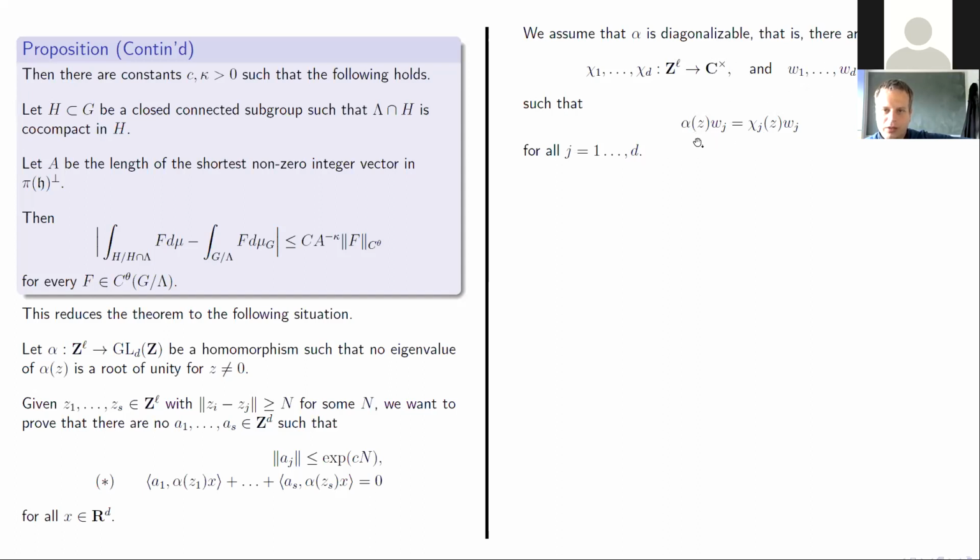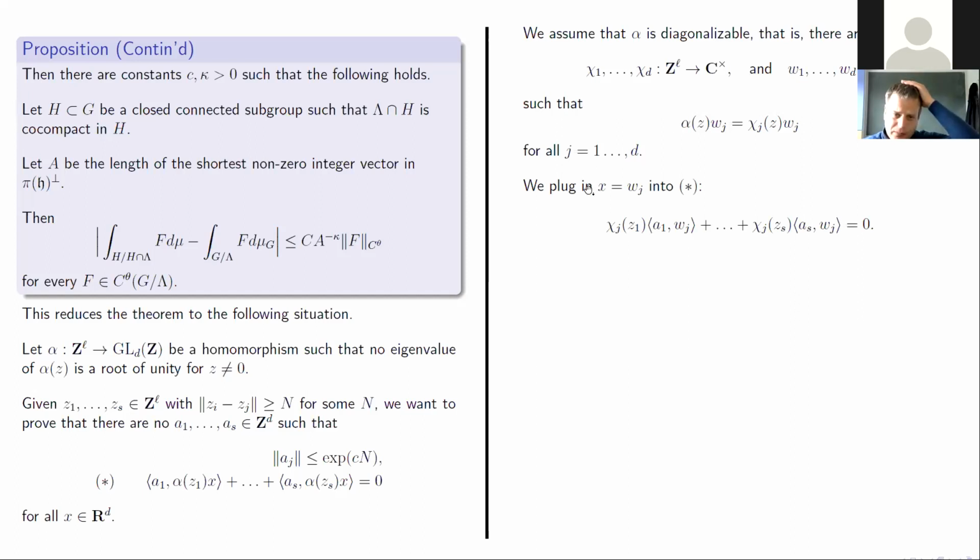If you act on the eigenvector by alpha(z), then it acts by multiplying with this character chi_j. This is a special case because it doesn't have to be diagonalizable, but the general case is not more difficult at all, and this just makes the discussion easier.